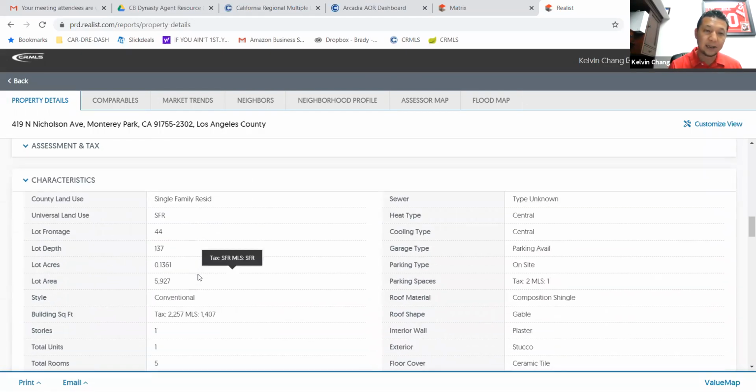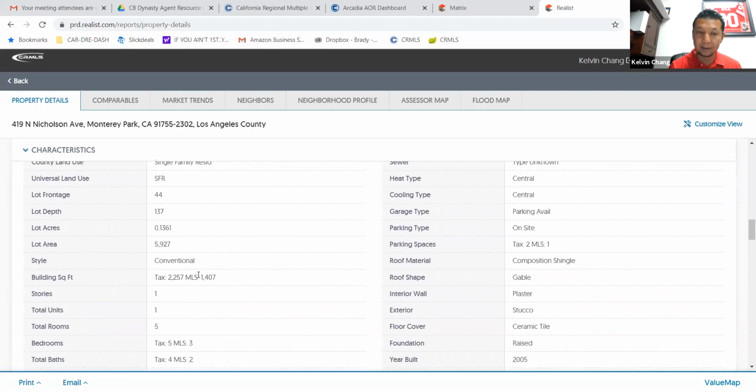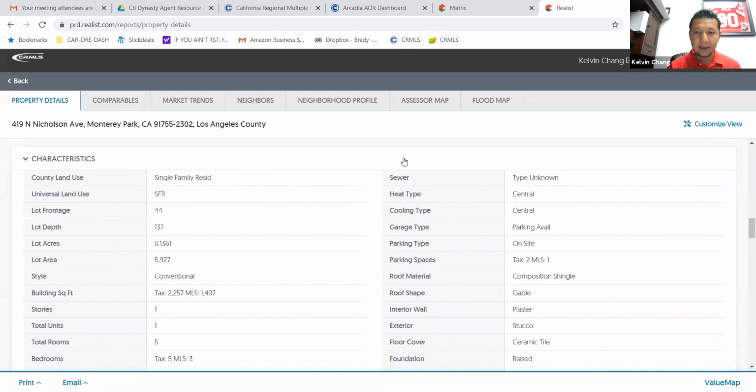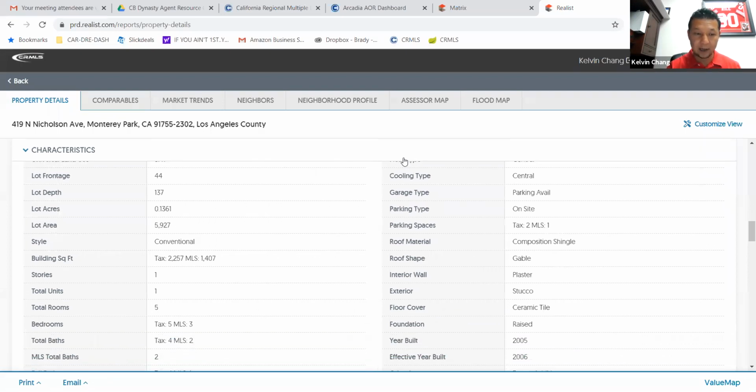Then what's most important here is the characteristics of this property. In certain instances, you're going to see different things when you look at income properties. This is labeled as a single family residence, but it is legalized as a duplex.